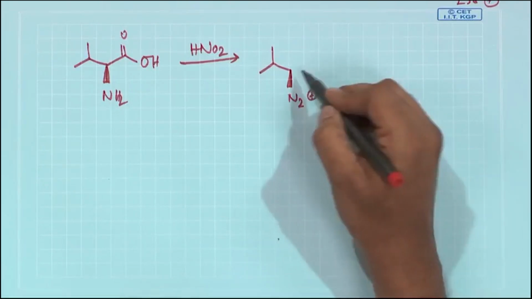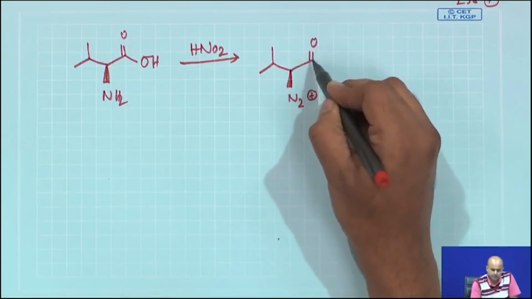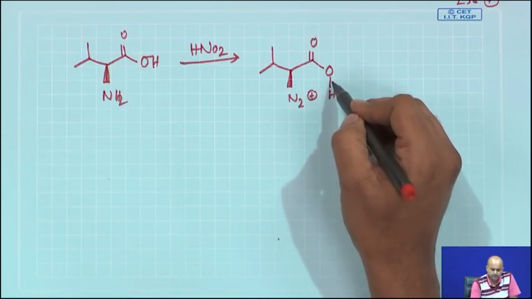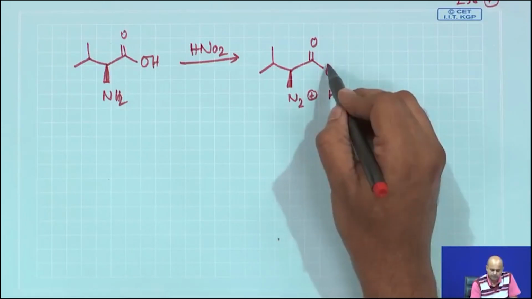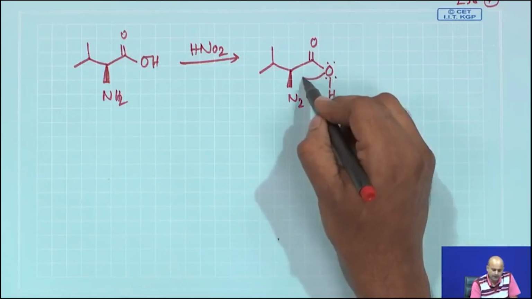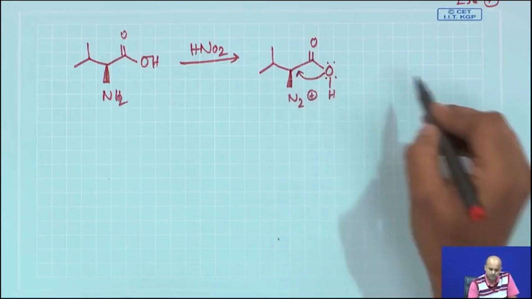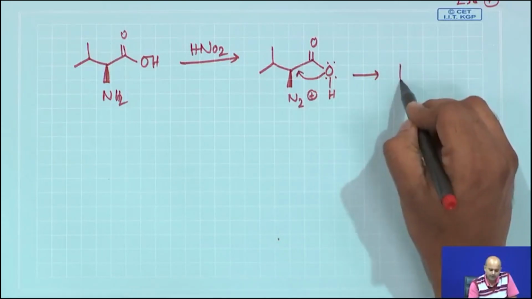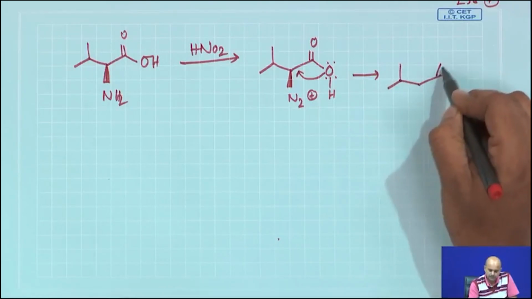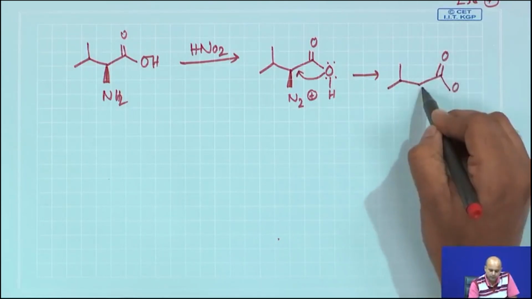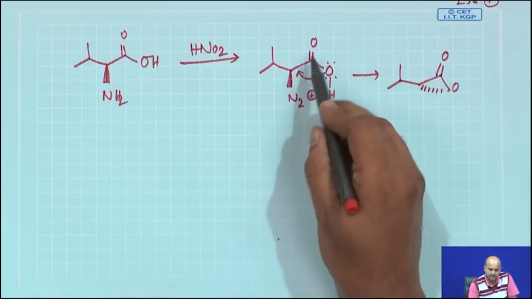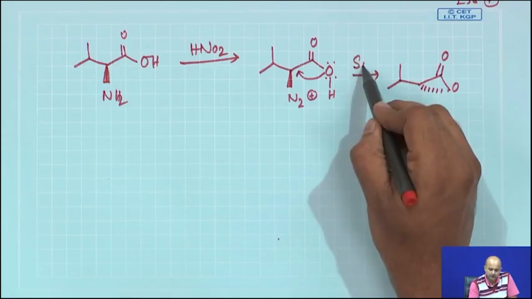Now, this diazonium has good leaving aptitude, and this hydroxy OH seems to attack this diazonium carbon to give a very strained intermediate through an SN2 pathway, because SN1 will not operate here as it is adjacent to a carbonyl group. So, SN2 is very facile here.